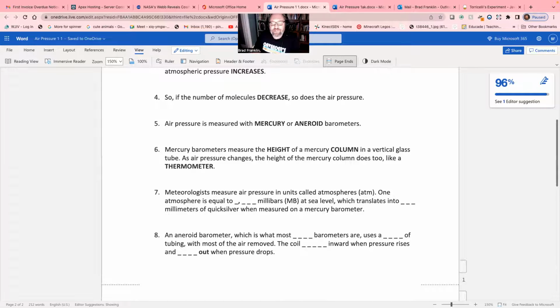Meteorologists measure air pressures in units called atmospheres, which is also abbreviated to ATM. Just like you get your money out of, right? Or adults get their money out of.